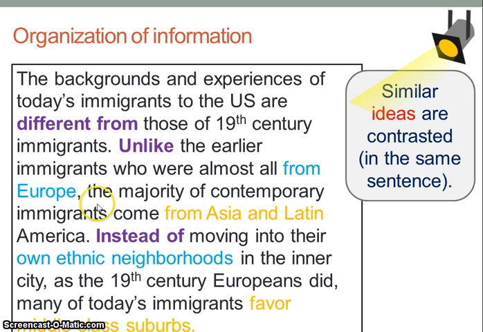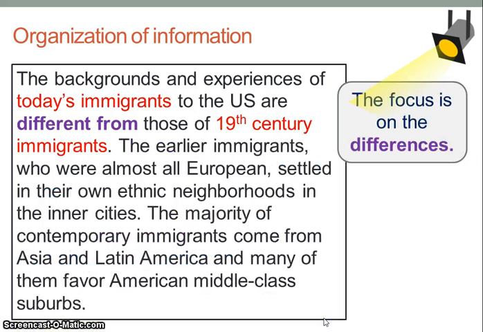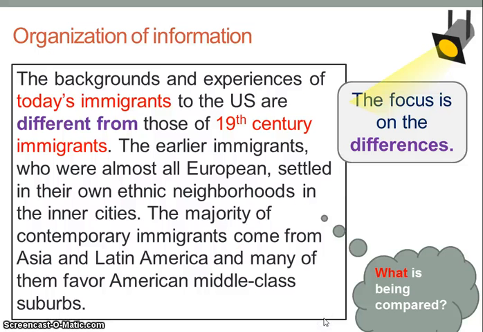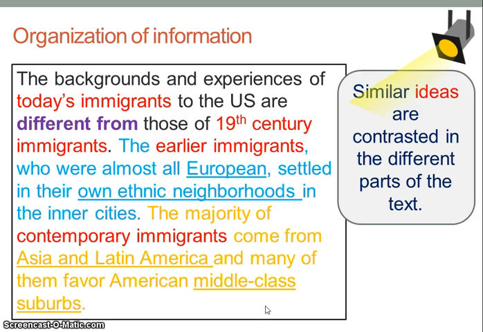Again, we have the same information, but it's organized in a different way. Instead of moving to their own ethnic neighborhoods, they favor middle-class suburbs. And again, we're looking at today's immigrants and 19th century immigrants.